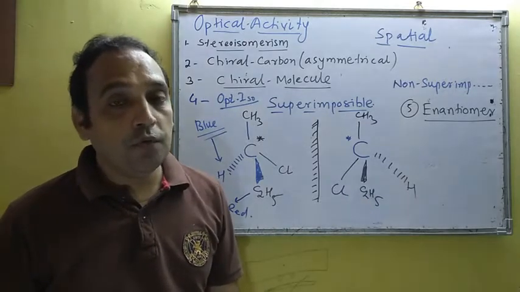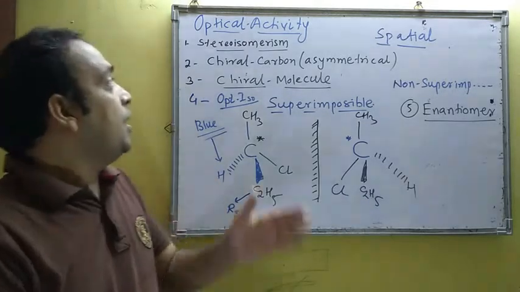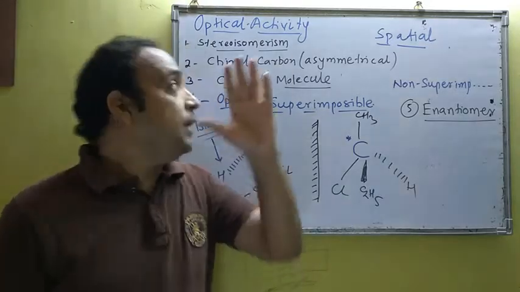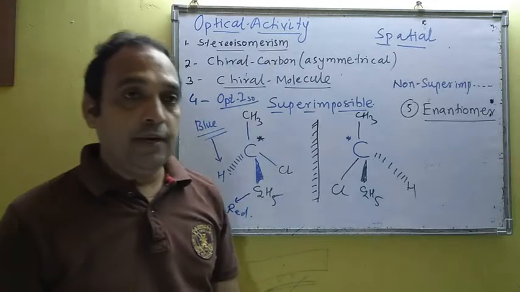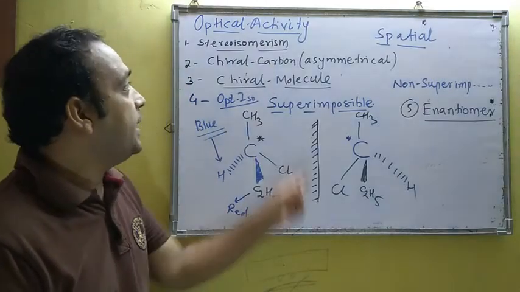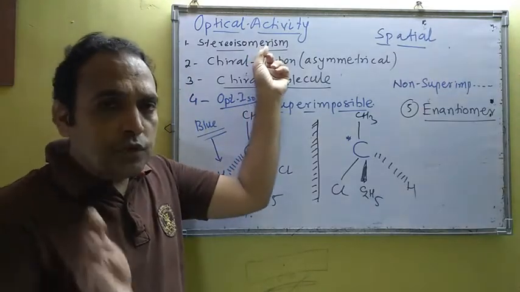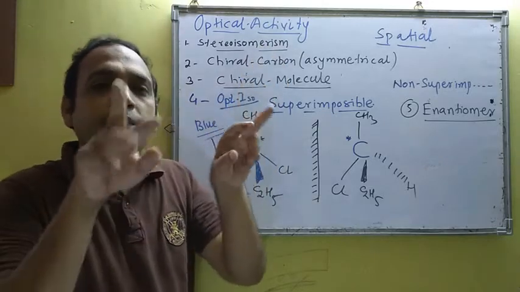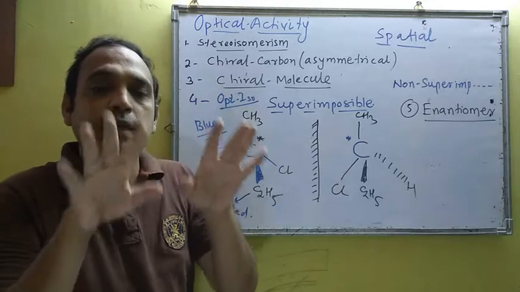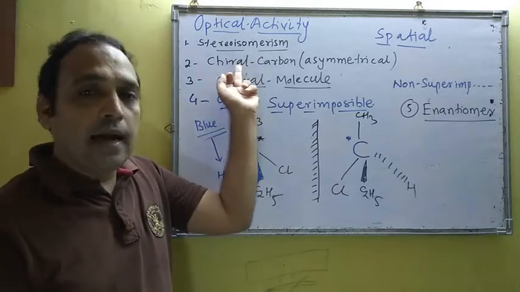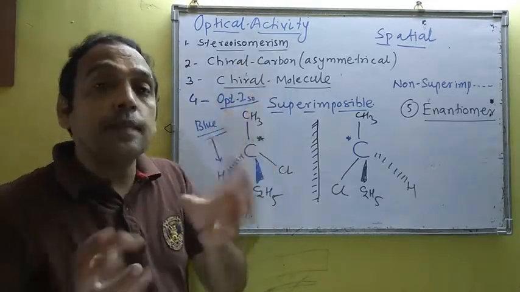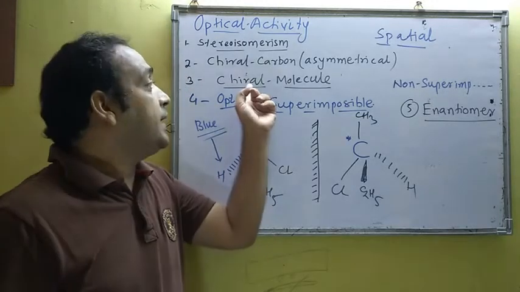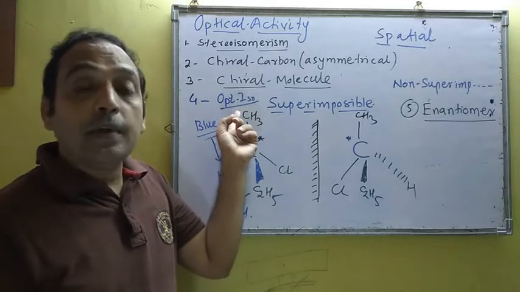Now so far in this lecture we have covered 5 basic and important concepts, and now we will come to the point optical activity. Students, hope you understand what is stereoisomerism. Just go through your 11th textbook. Then what is a chiral carbon? The carbon that has 4 different groups attached is called a chiral carbon. A chiral molecule contains a chiral carbon and is non-superimposable. What are optical isomers?